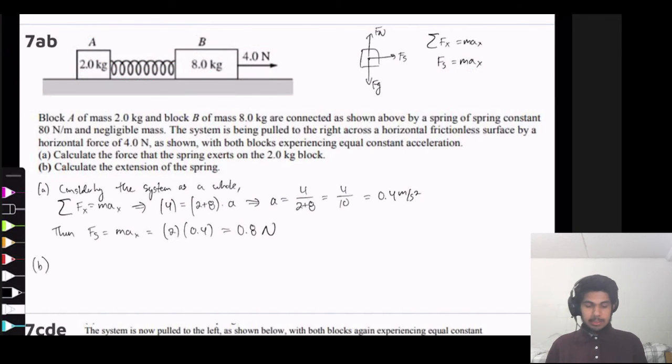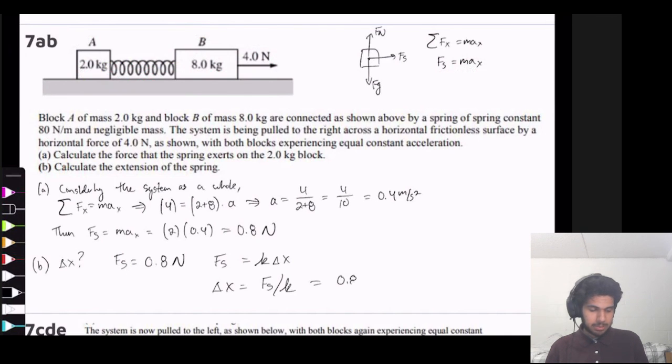Part B is asking us the extension of the spring, so we want to find delta x. Well, we know that F sub s is equal to 0.8 newtons, and we know F sub s is equal to k times delta x. So that just means delta x is equal to F sub s divided by k, and we have both of these quantities.